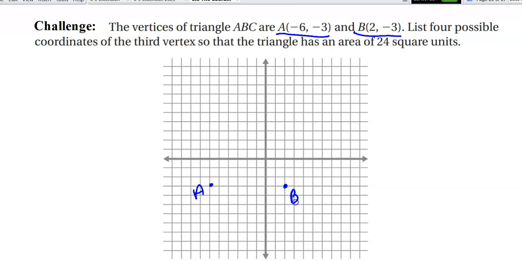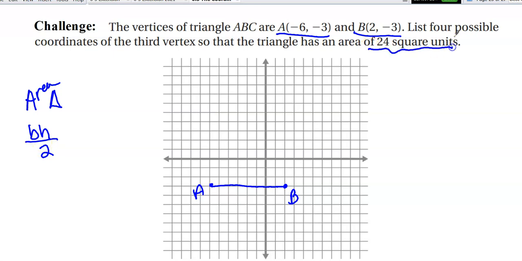So right now I have 2 vertices, and I can think of this as being the base of the triangle. And here's what I want you to think about. Remember that the area of a triangle is base times height divided by 2. So I can work backwards, and I can think about making a rectangle that is twice the area of the triangle.